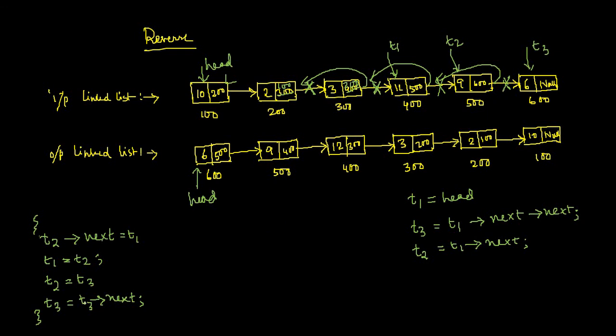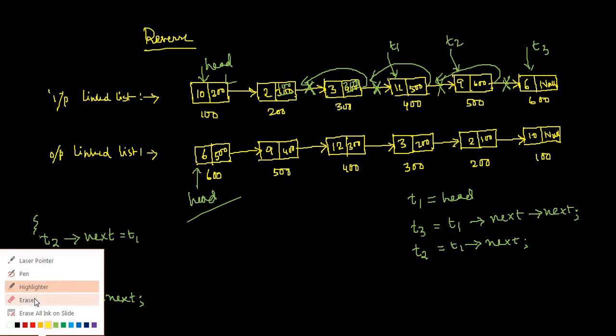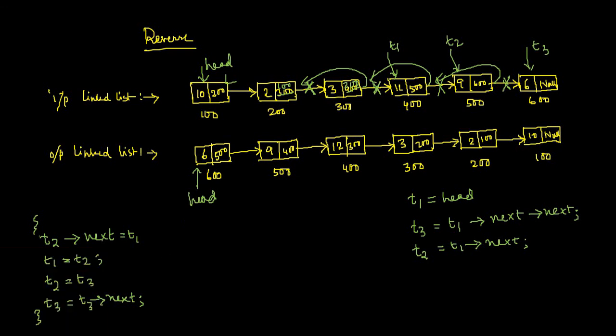So anyway, after connecting this one, again you see, we will have a change over here. That means now T1 will no more point to this node, T1 will point to this node.